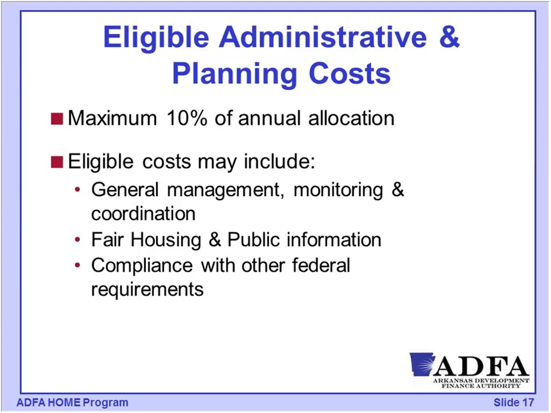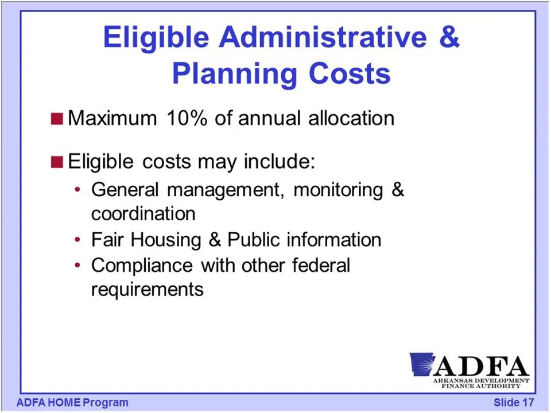Under admin and planning costs, these are all the general management, monitoring, coordination, public information, fair housing issues, and then generally all the other compliance with other federal requirements.